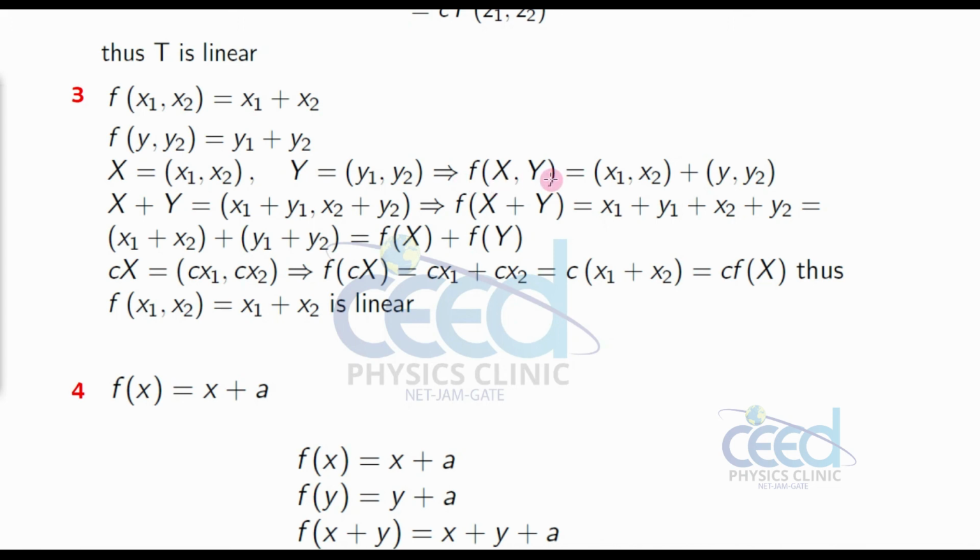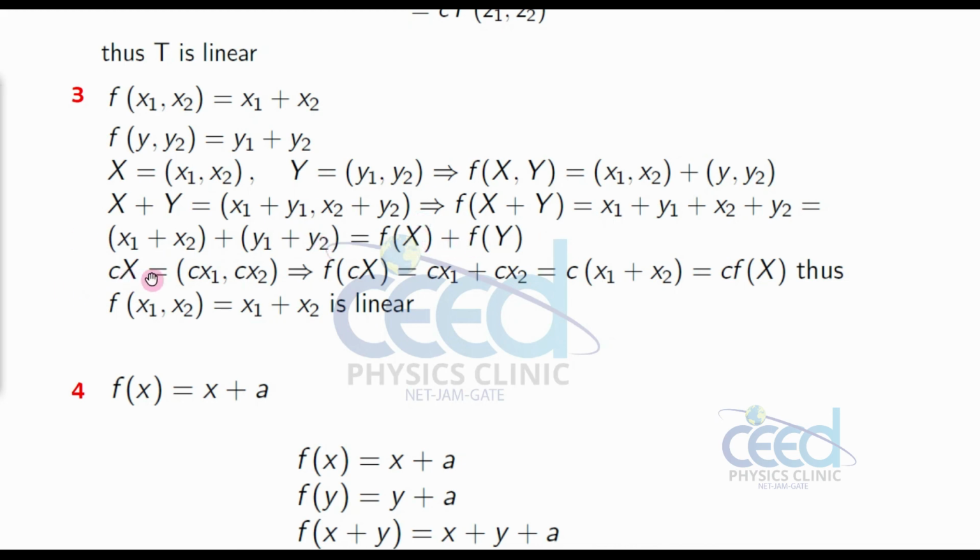Then f of x plus y: the coordinates are added, (x1 + y1, x2 + y2), so f of x plus y is x1 plus y1 plus x2 plus y2, that is x1 plus x2 plus y1 plus y2, which equals f of x plus f of y.